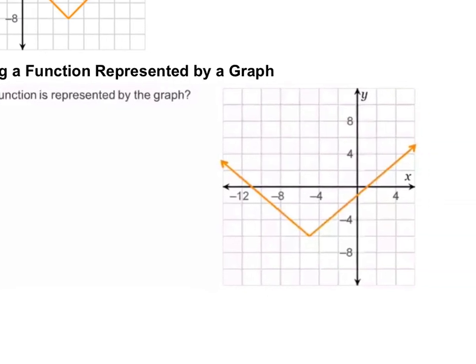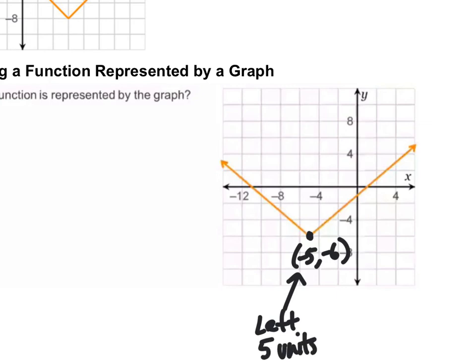So I want to take this point over here, and let's take a look, I want to identify my vertex. This is going to be the point negative 5, negative 6. So what this means is that I have been shifted left 5 units, and we've been shifted down 6 units.